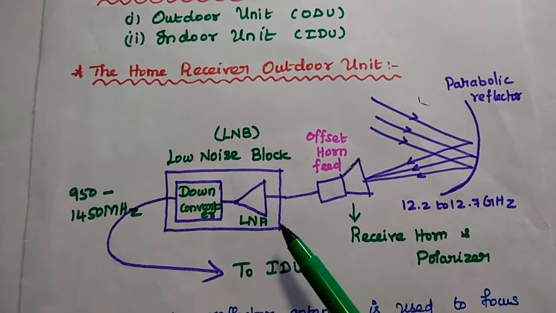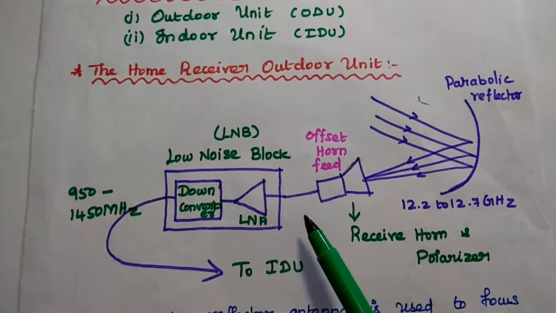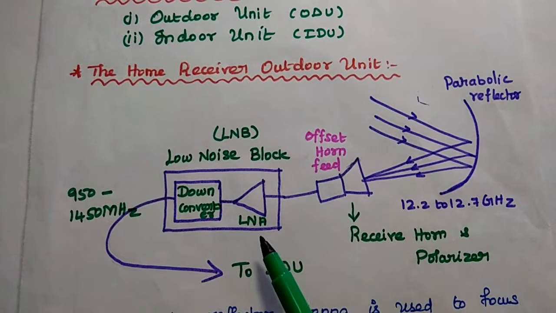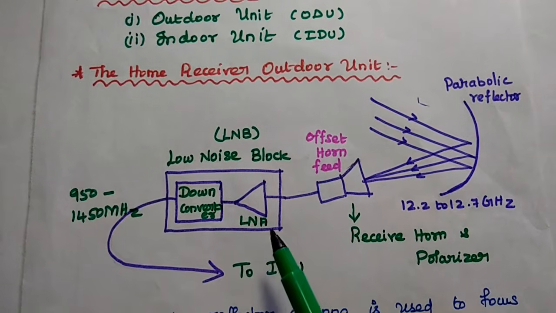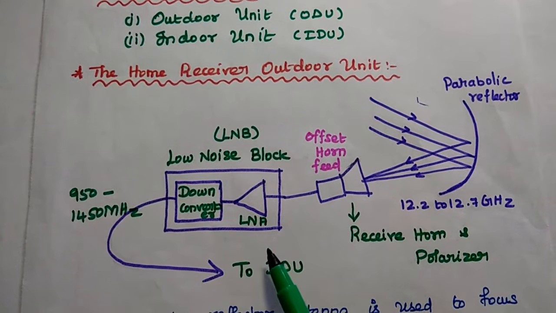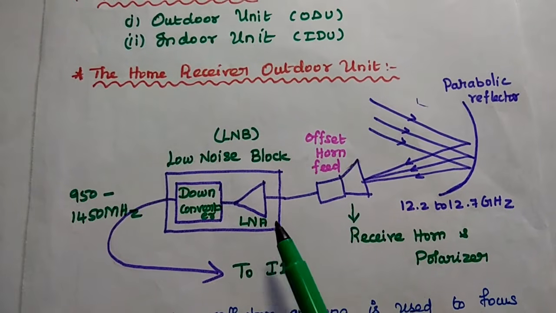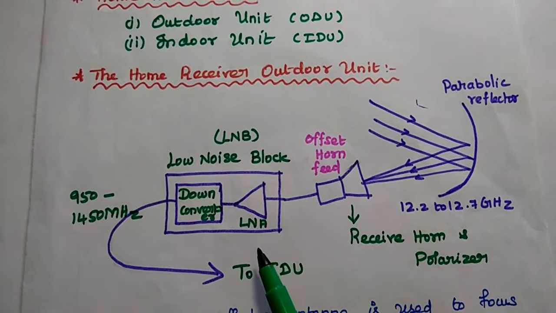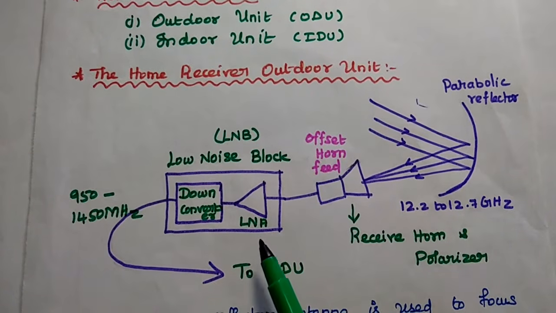Then that is given to the low noise block. It performs two important operations. One is low noise amplification, another one is down conversion. Low noise amplification means it is going to amplify the satellite signal without degrading the signal to noise ratio. It only amplifies the signal strength.